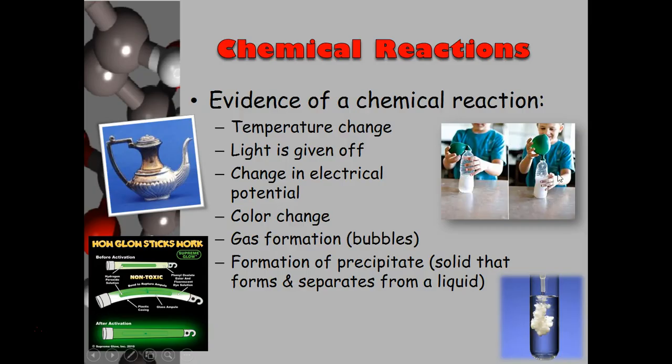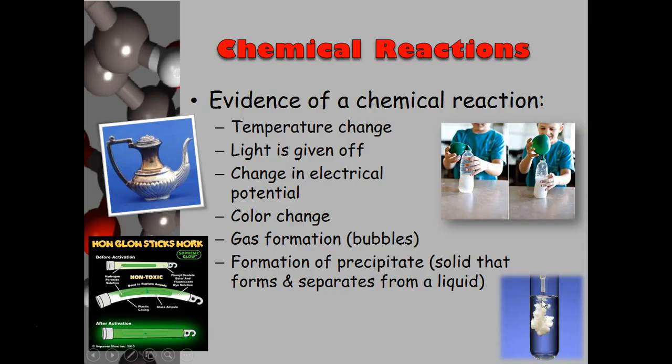All right, gas formation. If any of you have ever made those lovely baking soda and vinegar volcanoes as kids, that gas formation, that carbon dioxide that's coming off forming those bubbles, is a result of that chemical reaction. Or if you've ever seen a precipitate form, where you get this solid that comes out of a mixture of two liquids.